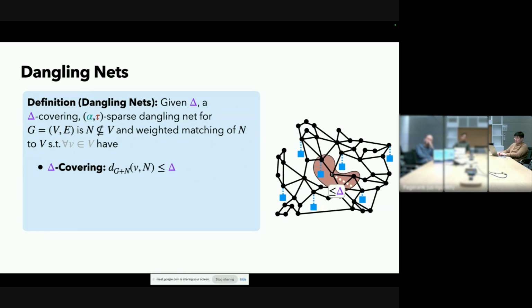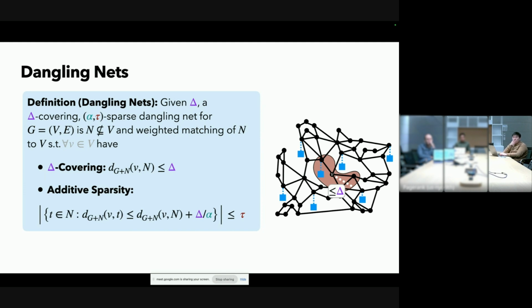And then you don't want too many nearby net vertices. And the notion of nearby here is interesting. Basically, you want what I'll call additive sparsity, where the number of net vertices whose distance from this vertex V is at most the distance from the vertex to its nearest net vertex, plus some delta over alpha, should be at most tau.